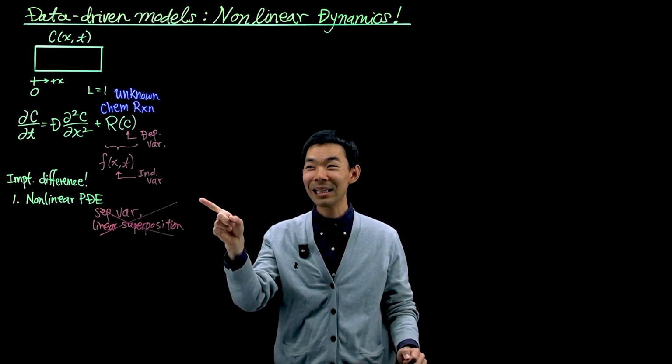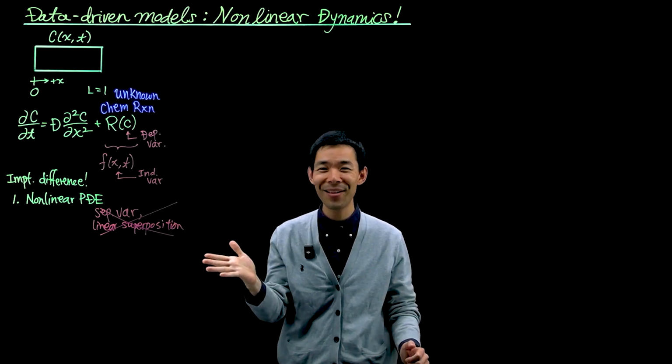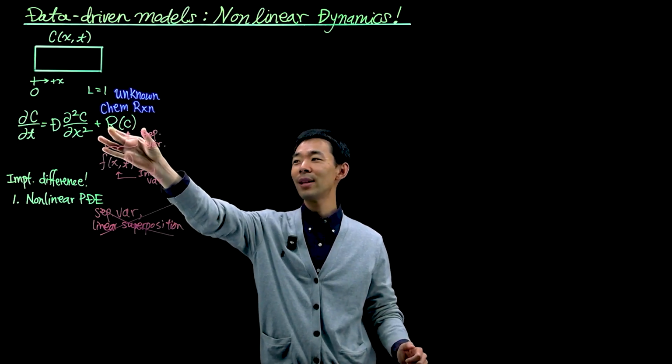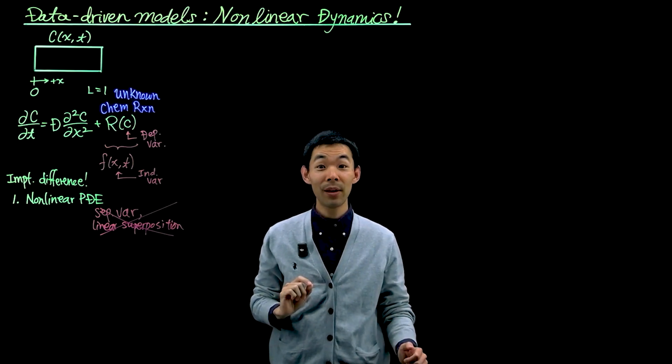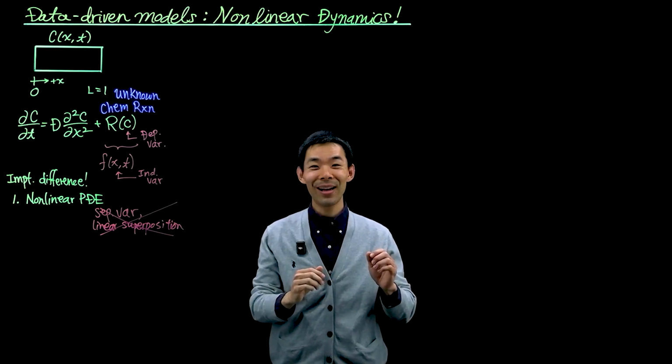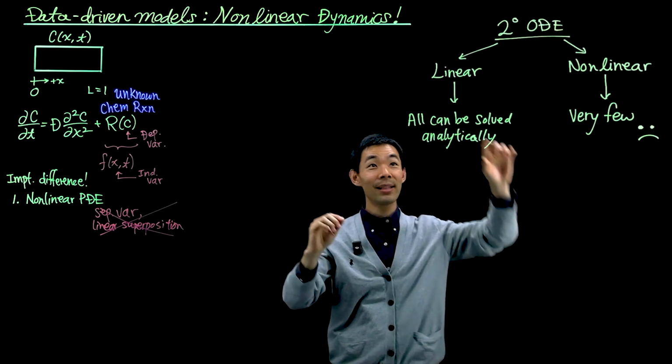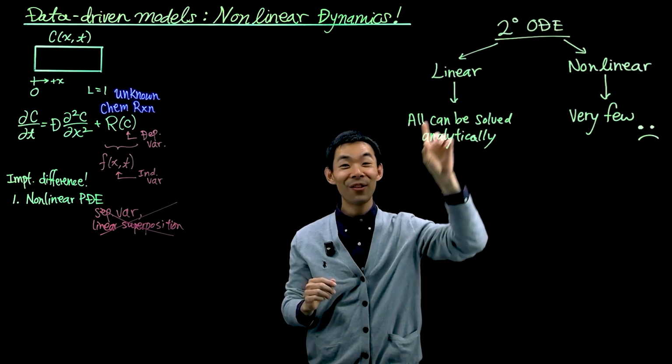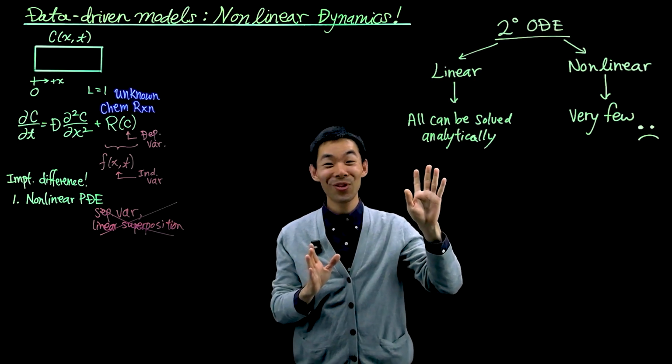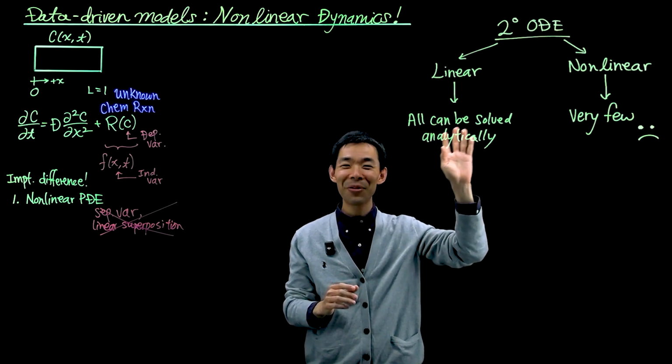So that's one key, obvious, game-changing difference between what I wrote down today and what I wrote down last time. So in my undergraduate class, I have a little tree diagram that says you have a PDE or an ODE. The first question, or one of the first questions you should ask, is: is the equation linear or nonlinear?